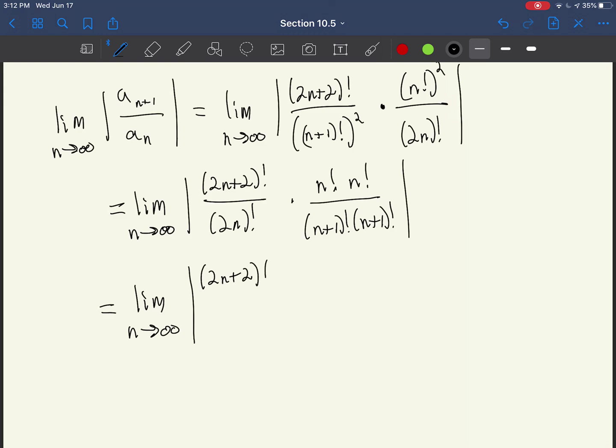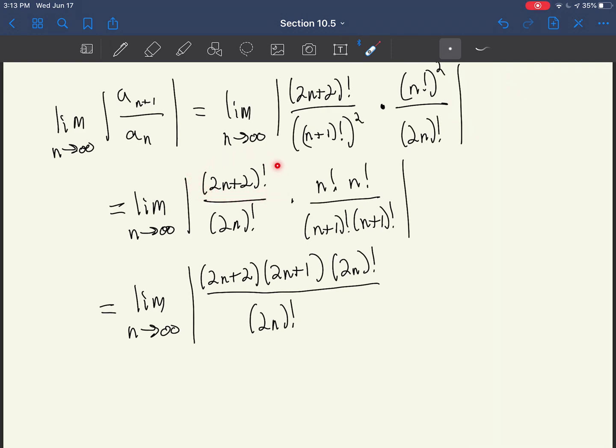So 2n plus 2 factorial means that you take 2n plus 2, multiply that by 2n plus 1, multiply that by 2n, and times 2n minus 1, 2n minus 2, all the way down to 1. But that 2n times 2n minus 1, 2n minus 2, all the way down to 1 is exactly the definition of, sorry, just 2n factorial. And then divided by 2n factorial. So what we did was we peeled off the first two terms of the factorial so that we got the same thing as the denominator.